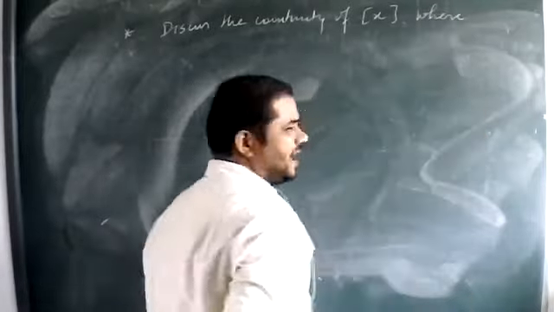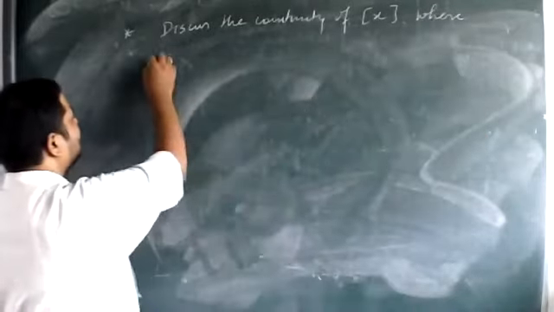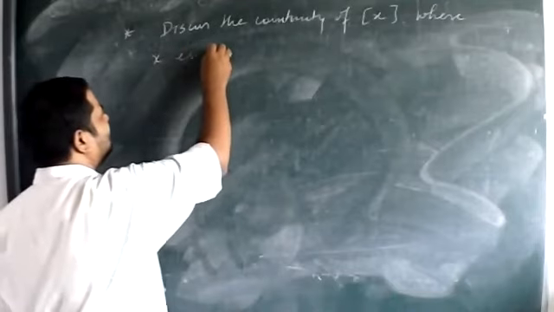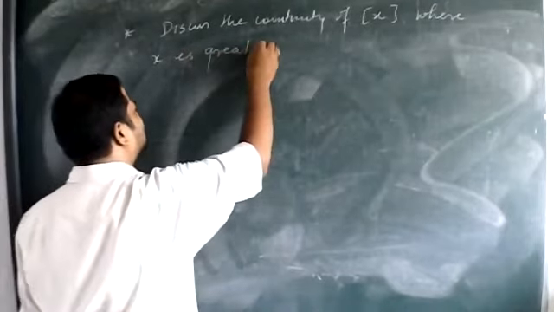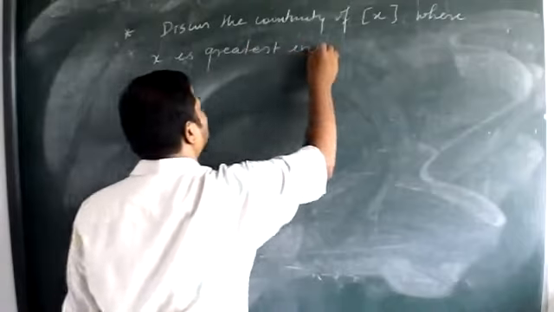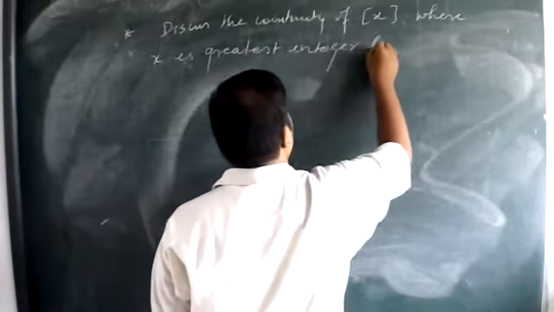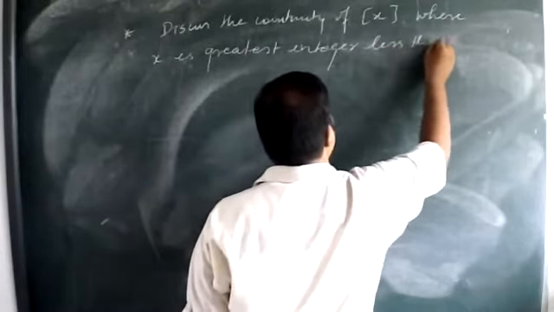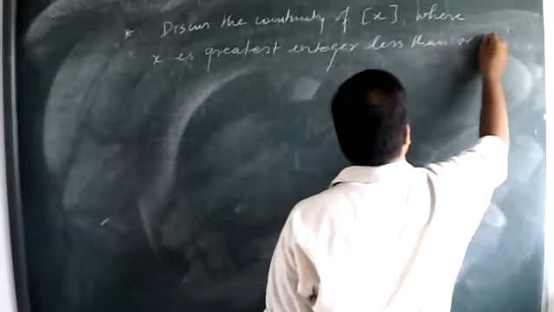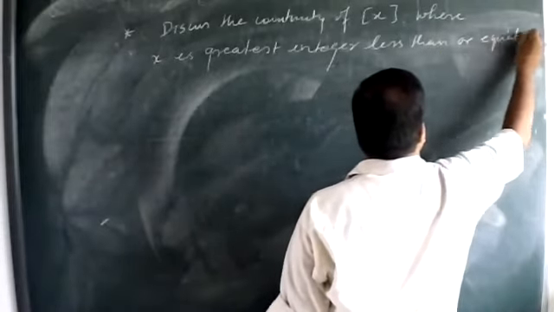where bracket x is the greatest integer less than or equal to x.